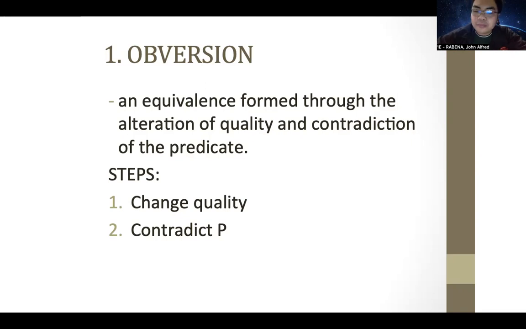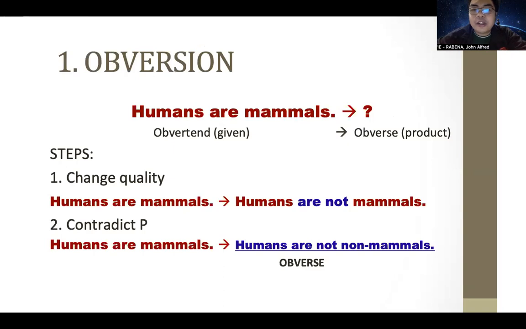So for another example, the main proposition is humans are mammals. The given proposition, or what we call the obvertent, is humans are mammals. Now, how do you get the obverse? First step is to change the quality. What is the quality of humans are mammals?